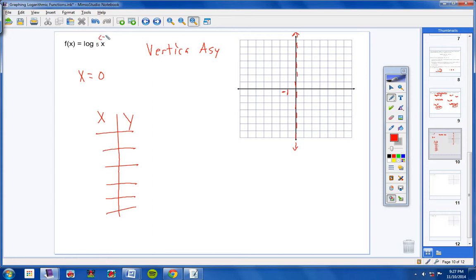If you try to put -1 here, it won't work. So, what we're going to put in our table of values here is we're going to go barely past 0. So we're going to put 0.1. Got it? And then from there, we'll go ahead and put 1, 2, 3, and 4. The next whole numbers. Do you see how I got really close to the asymptote by using 0.1?